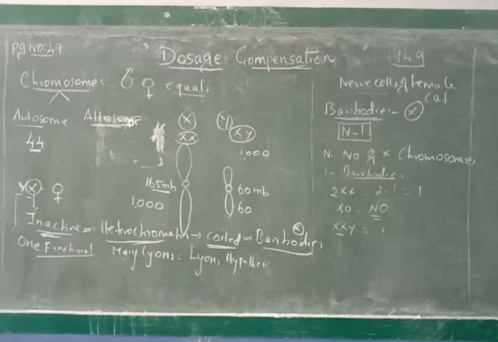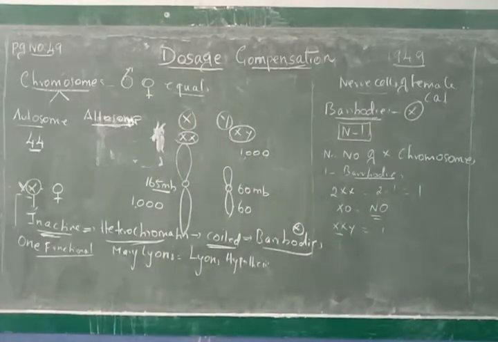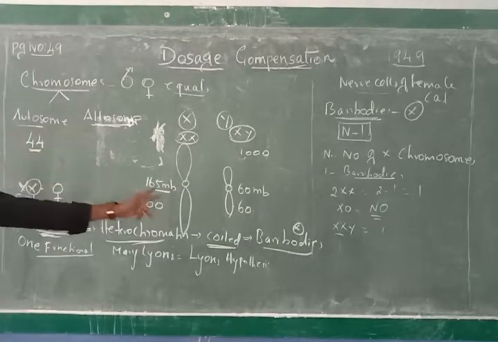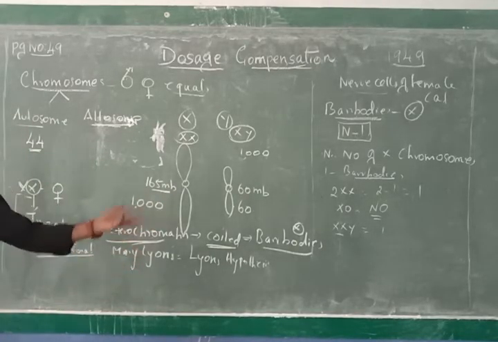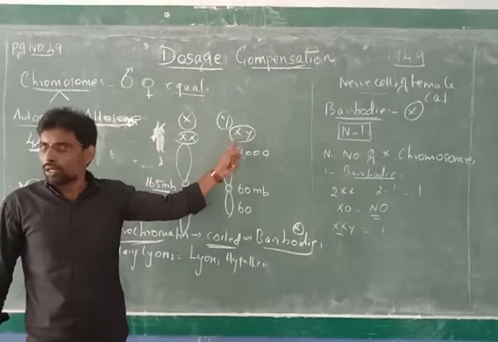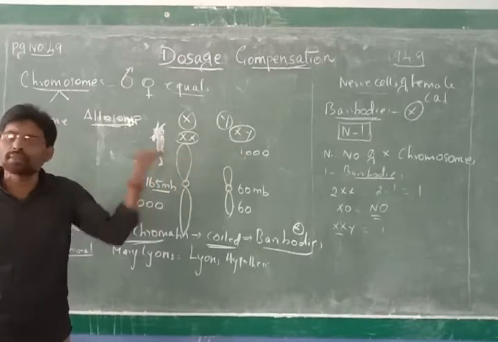In dosage compensation, we concentrate on the allosomes, where there is not an equal number of genes present for male and female. Why? Because the female has 2 X chromosomes. One X chromosome will have 1000 functional genes and another will have only 60. The male will have only 1 X chromosome. Here it is 2 X chromosomes, so together it will have 2000, and the male will have only 1000.